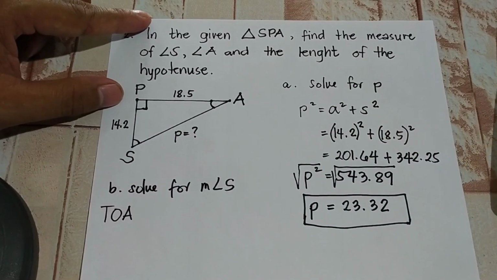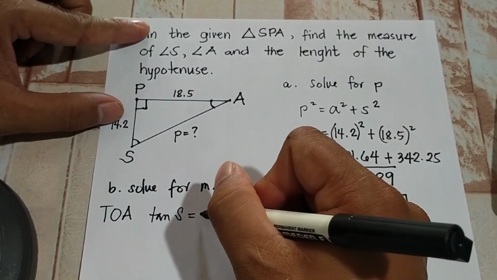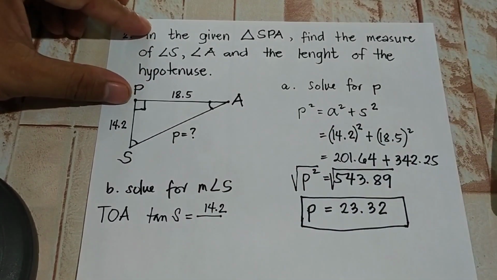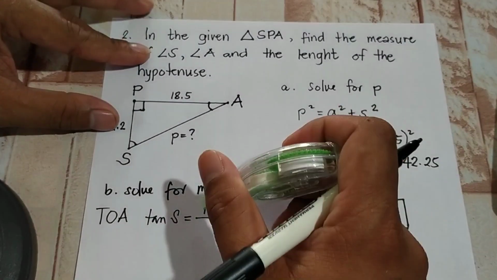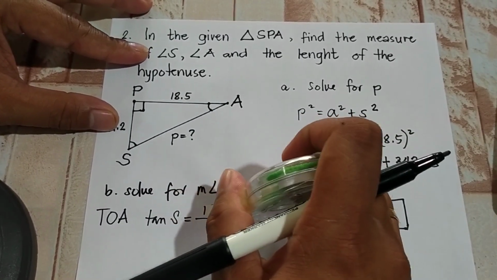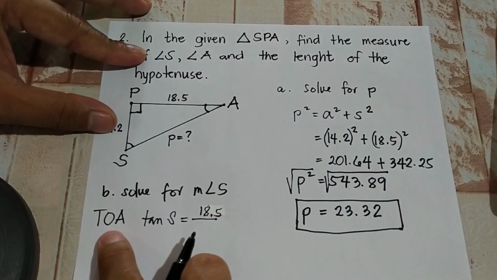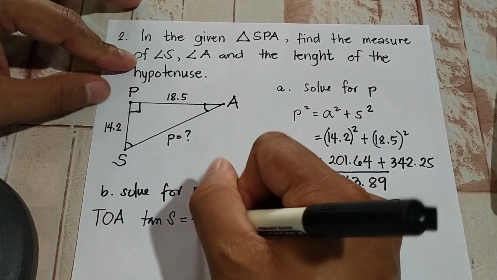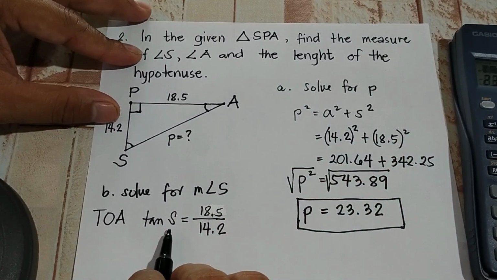Tangent S is equal to the opposite, that is, wait for a moment. It's not 14.2, that's 18.5. That's the opposite, over the adjacent, which is 14.2.